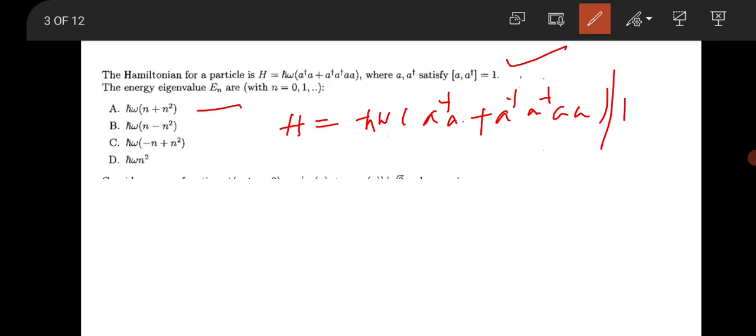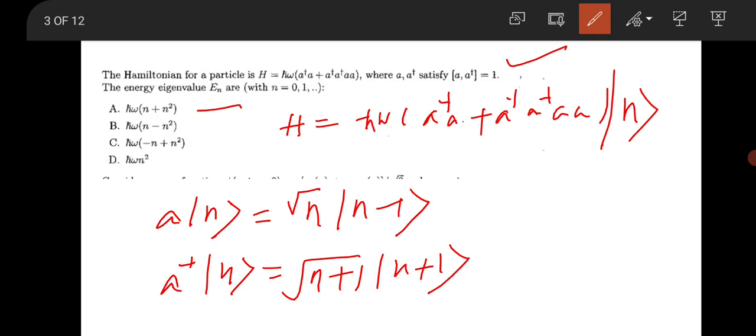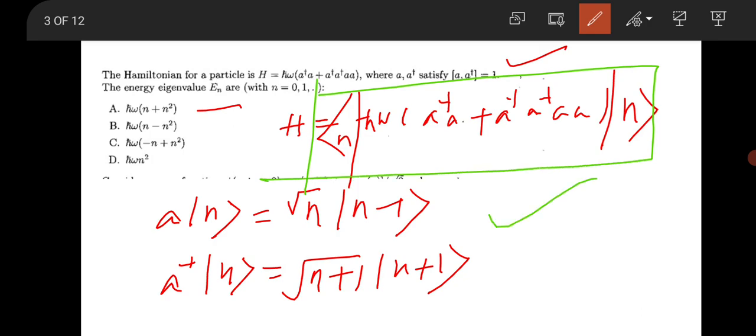Just operate on the state n and use two properties: a on n is equal to root n times n minus 1, and a dagger on n is equal to root n plus 1 times n plus 1. So once again, operate on n, you can calculate this quantity, and this will be the energy eigenvalue. This kind of question can be expected.